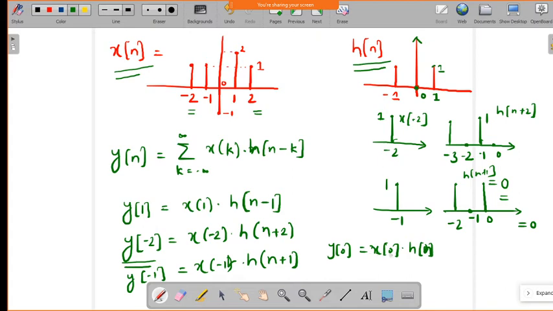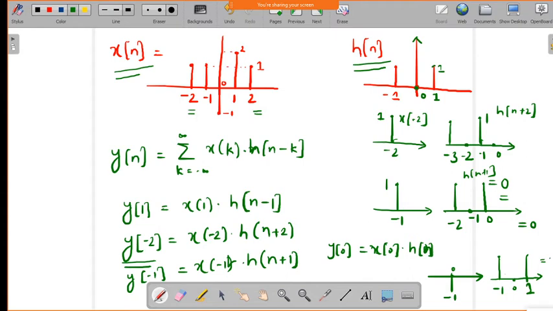Now x of 0 into h of n, what will you get? x of 0 is at 0, it is minus 1. Now h of n as it is will be there, that is minus 1, that is 0, and again at 1 it will be 1. So now see, minus 1 into 0 again gives 0.